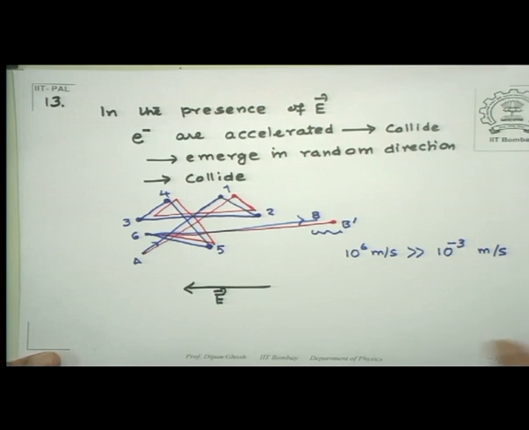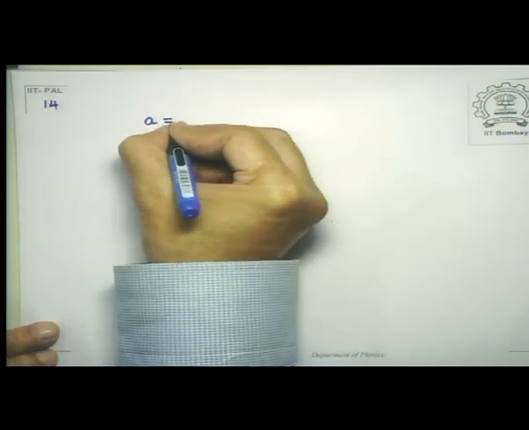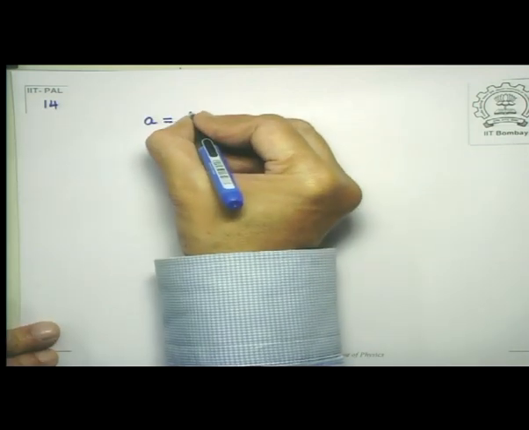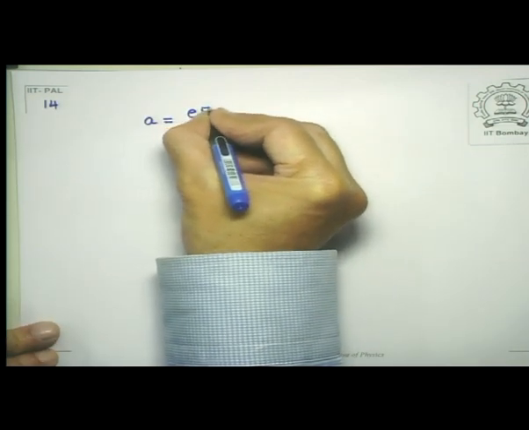Now let us look at what exactly is the dynamics a little more quantitatively. You notice that in the presence of an electric field, the acceleration of the electron, whose direction we know is opposite, is given by E over m, where m is the mass of the electron.